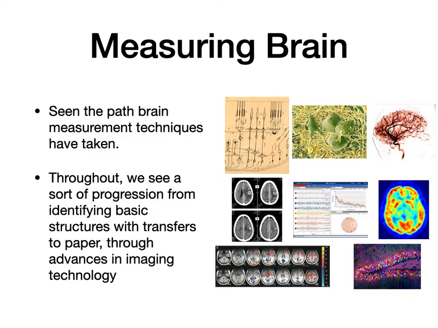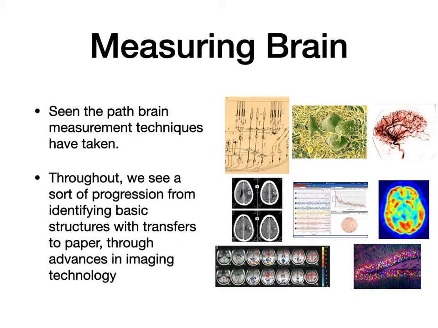So once again, we walked through sort of the path of history that brain measurement techniques have taken. We saw the stain transfers. We saw a little bit of electron microscopes showing us some 3D structure of neurons for once.